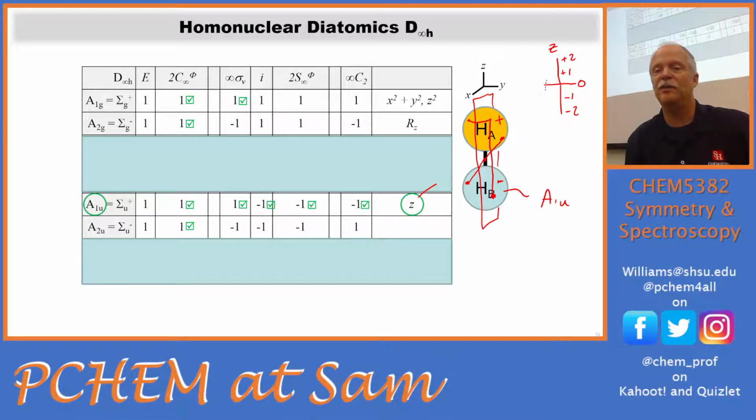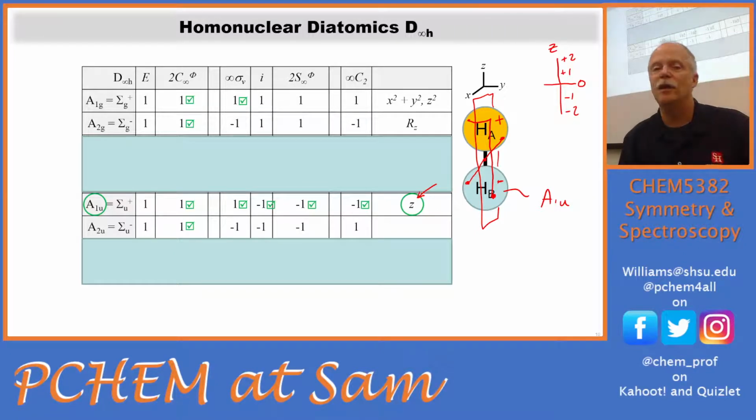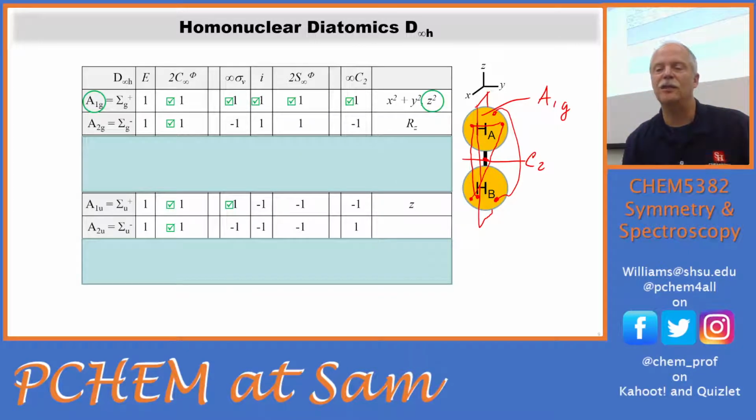If comparing this to the Z axis tells me that it's Z, then I know it's A1U. So I can look at the orbital too and compare it to the axes and say that looks like the Z axis, therefore it's A1U. Let's go back and do the same thing for this one. I circled Z squared. What if I plotted on the number line Z squared?